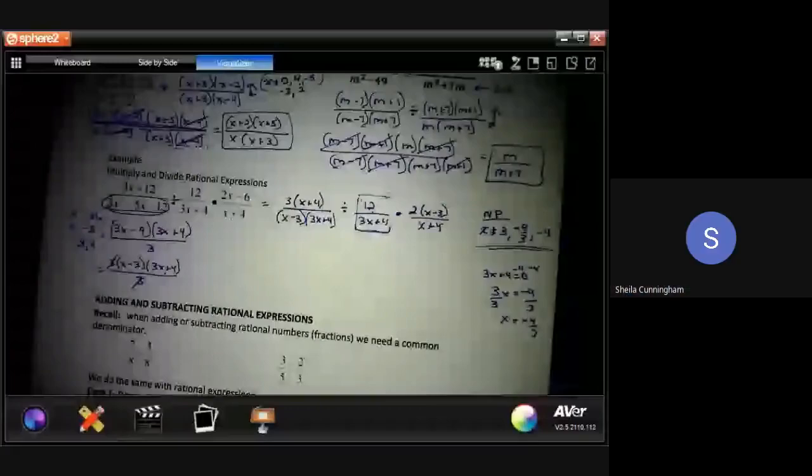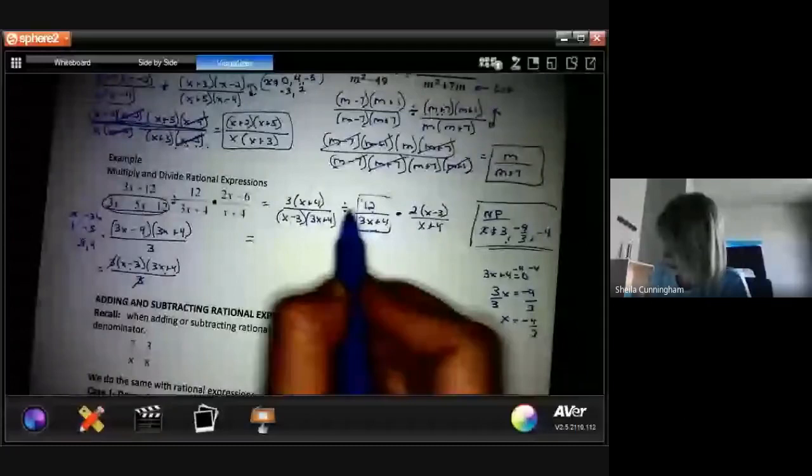So, which brings me back to now, once I've done all the factoring and identified my non-permissibles, let's clean this up and cancel out what we can. But before we can cancel, you've got to take the reciprocal of the second rational expression because we're dividing. So I'm going to put the 3 times the x plus 4 from my first one.